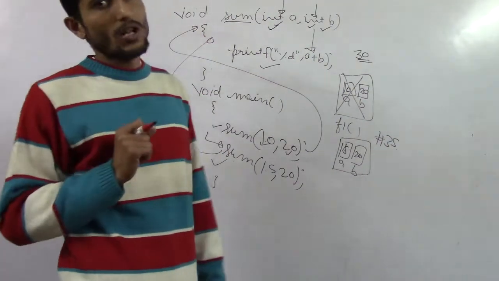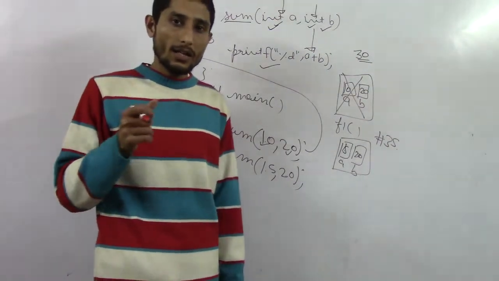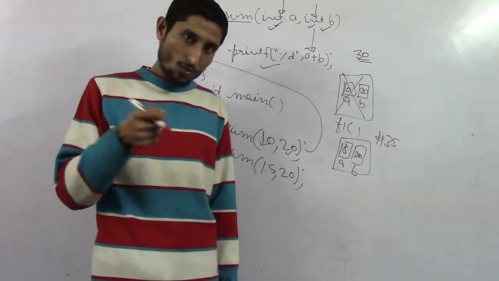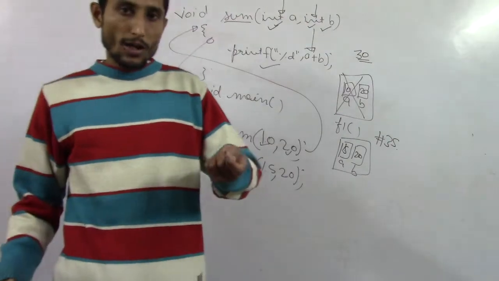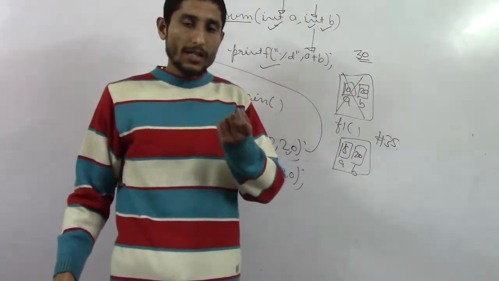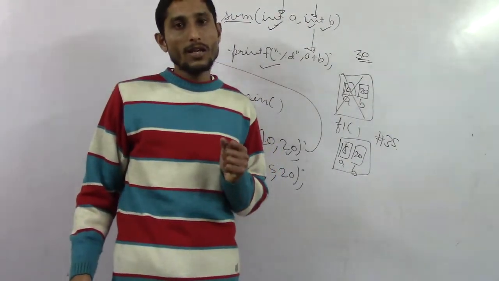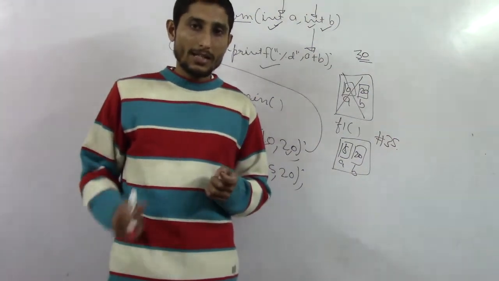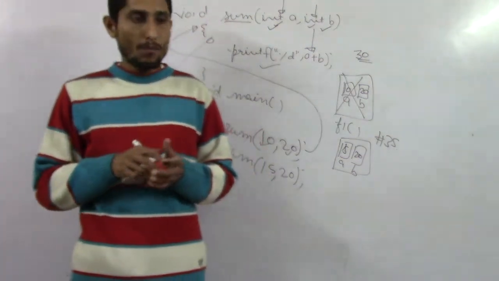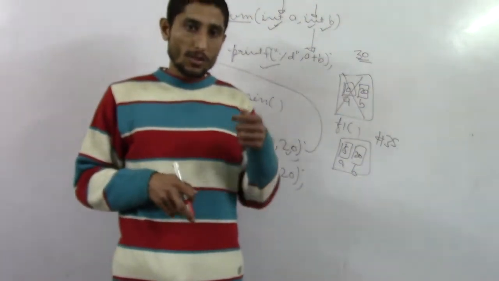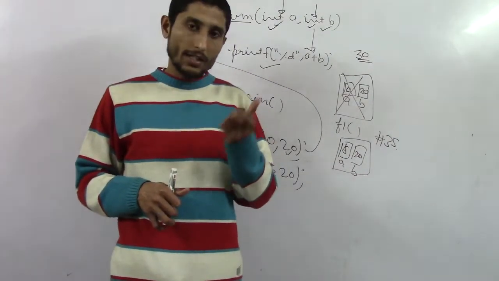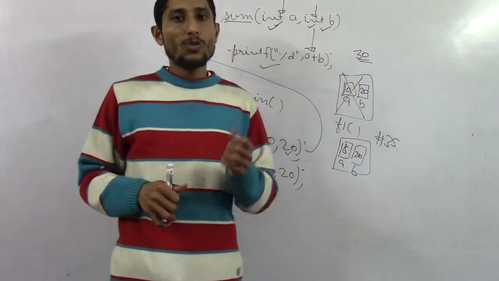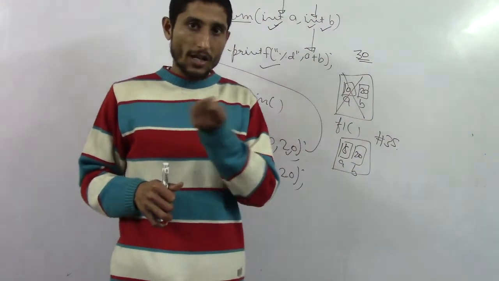So in this program, we have seen that many times, in order to do something special, we need some parameters. Let's take an example: say I tell you, please paint my wall. You might say, sir, in order to paint the wall I require paint, a brush, and a ladder.